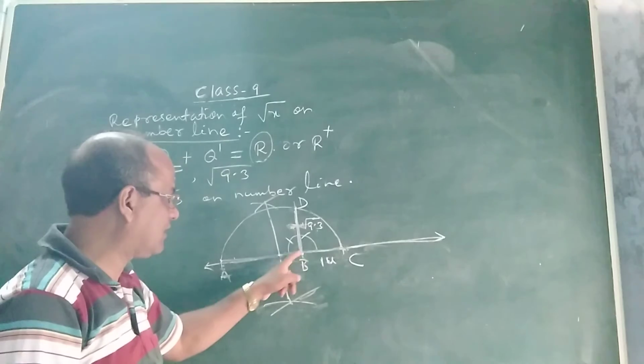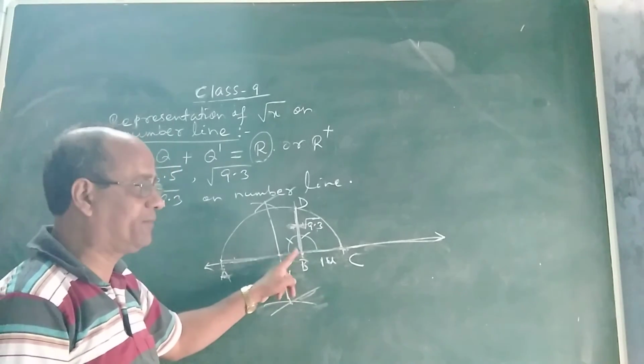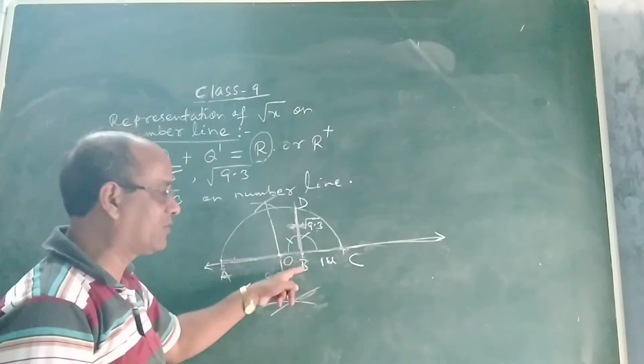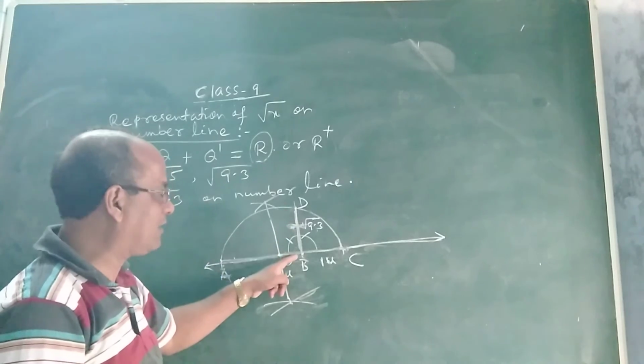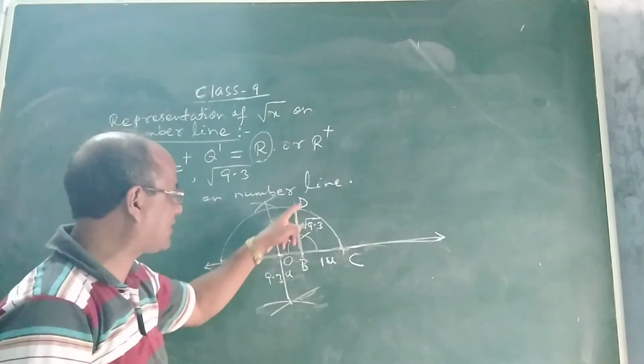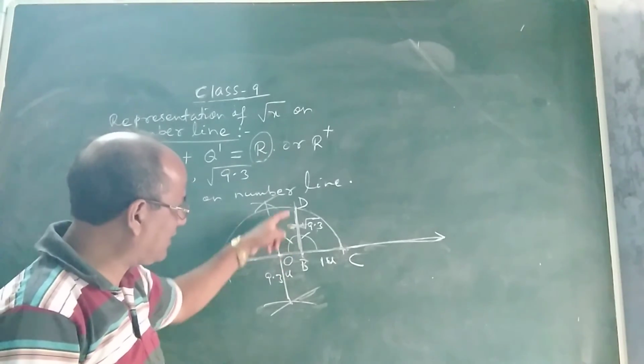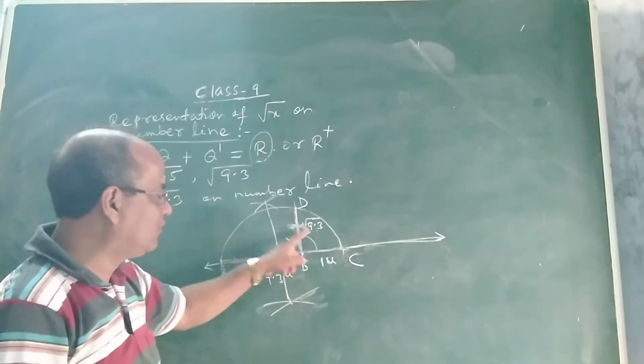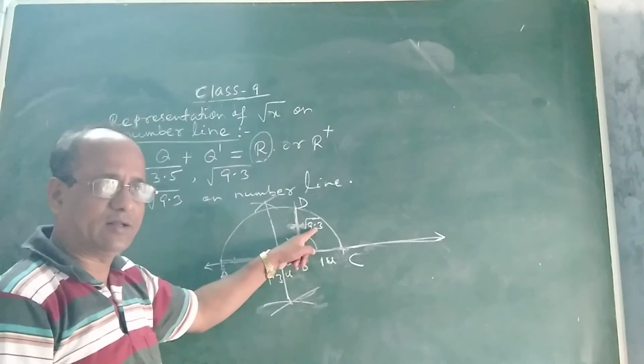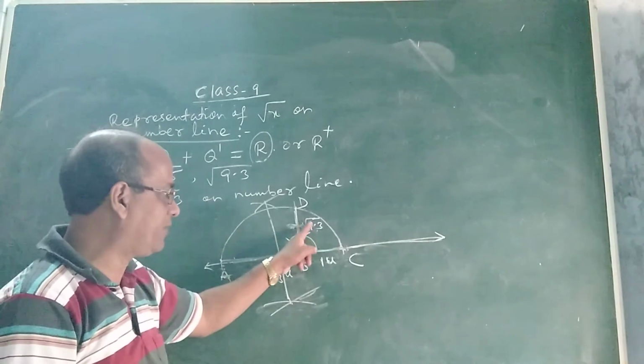After drawing the semicircle, draw a perpendicular at the point B, a 90 degree perpendicular. That perpendicular drawn at B will intersect the semicircle at a point. Suppose name it D. The length of BD will be equal to square root of 9.3.